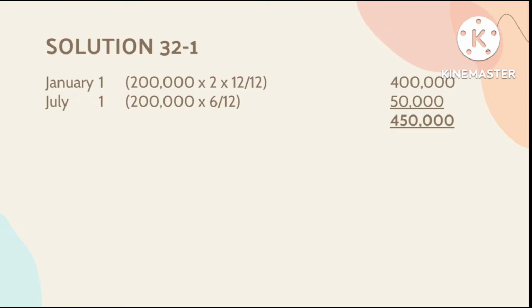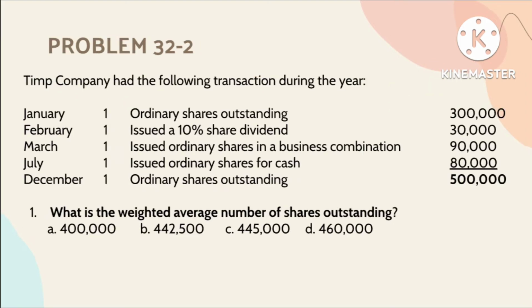And then July 1 is 100,000 multiplied by 6 over 12, so the average is equal to 50,000. Addition only, 400 plus 50 is equal to 450,000. Is my explanation clear, Miss Rose Ann Hestorillo?